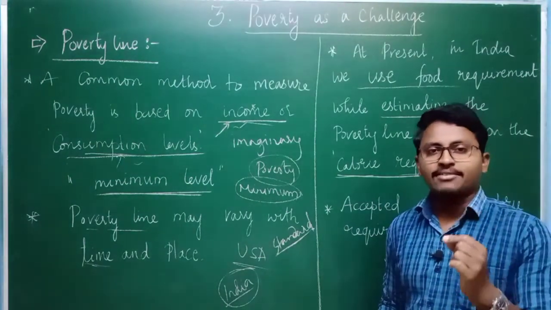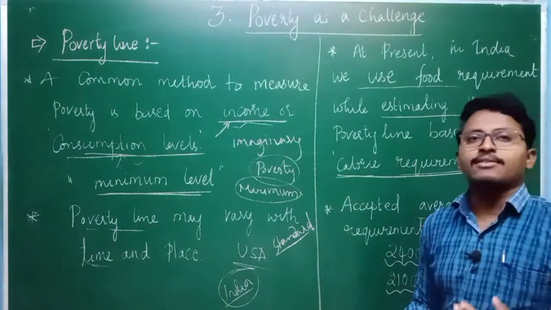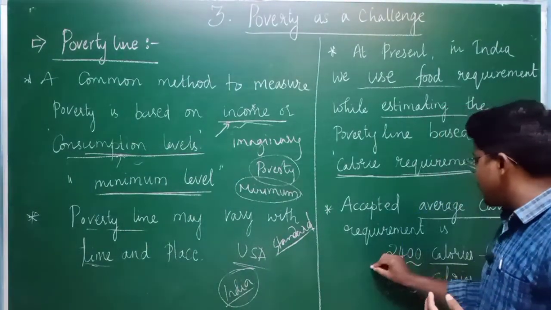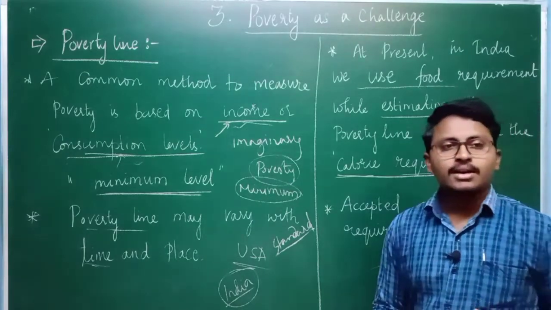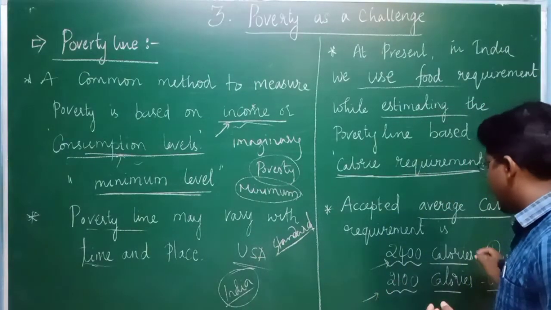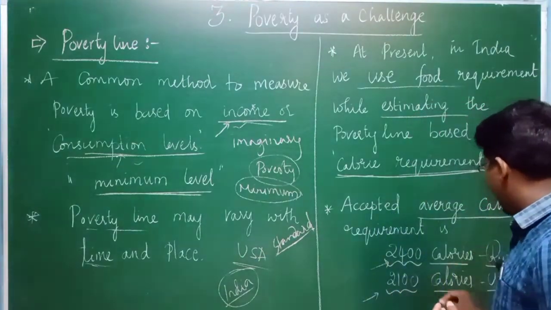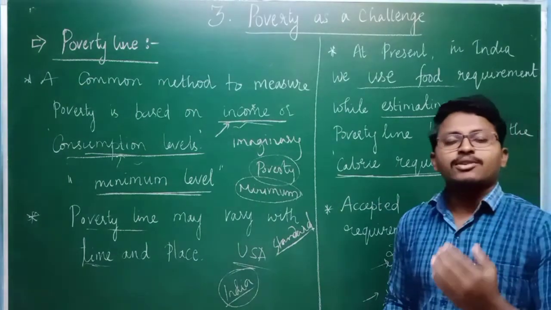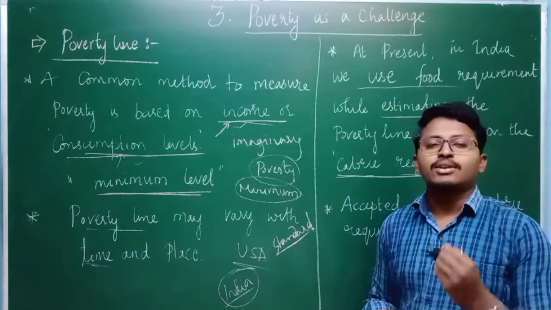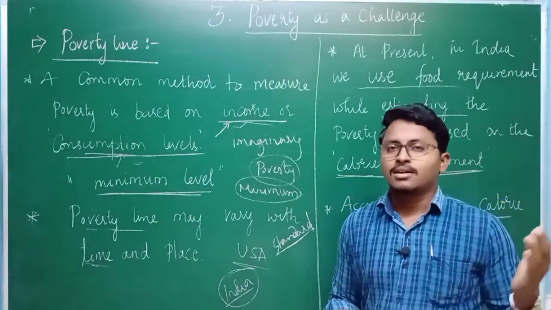That means on average a person living in rural areas should consume at least 2400 calories of food, and at the same time in the cities it should be 2100 calories. And why does this difference exist between rural and urban areas? In rural areas you see people doing most of the physical work, maybe in the fields or in other work.